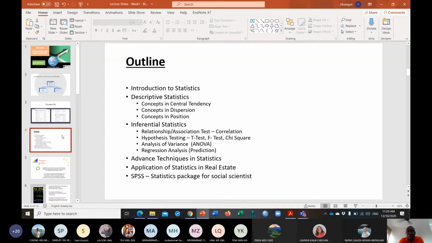Under inferential statistics, we are going to look at relationship and association tests, which may be correlation, hypothesis testing, which could be t-test, f-test, chi-square, analysis of variance, and regression analysis, which is a prediction test. Then we'll look at the techniques in statistics using SPSS, as well as apply statistics to real estate.